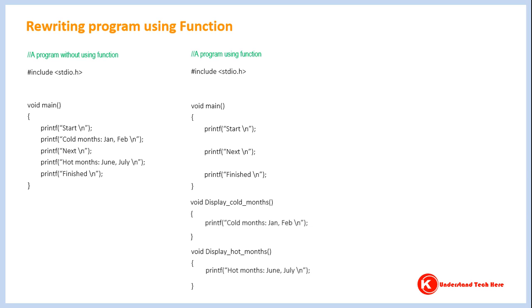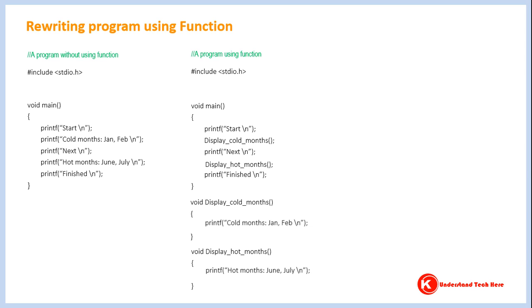Now we had earlier removed code from here, right, and placed it in a function called display whole month. Now let's type the name of function here. Similarly, here we had earlier removed code and placed it in function called display hot months. Now let's type the name of function here.